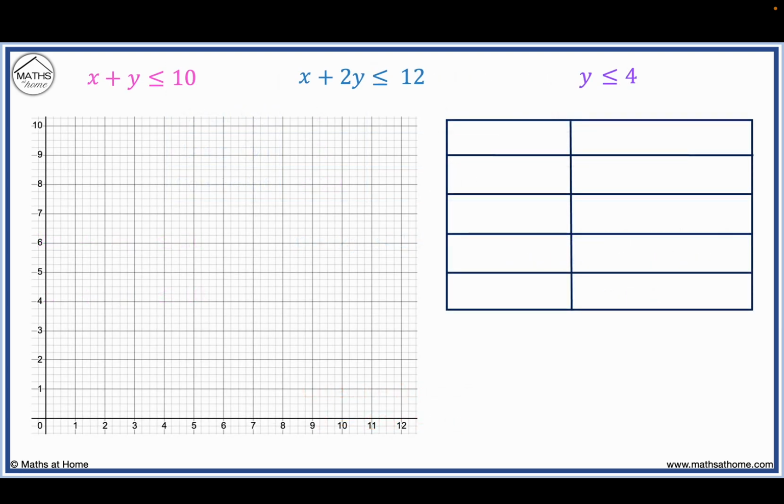We now graph the lines. 10 divided by 1 equals 10, and 10 divided by 1 equals 10. 12 divided by 1 equals 12, and 12 divided by 2 equals 6. The last equation does not have an x-intercept.